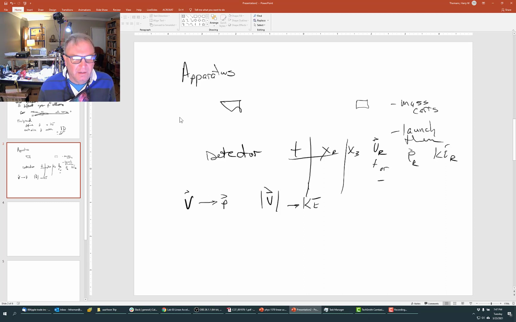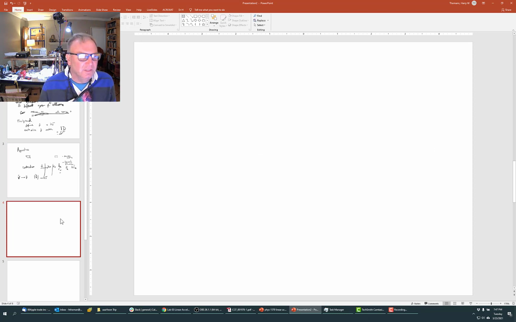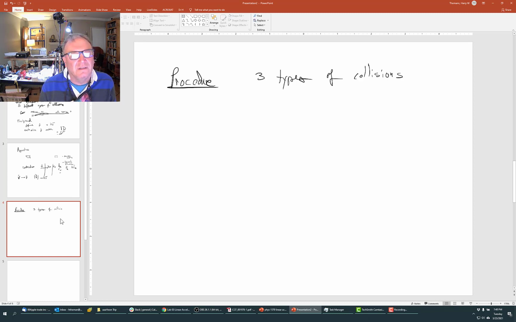And then, so once we did these, the procedure is that we had whatever 3 types of collisions, 3 different kinds, and we may do 3 more. And then let's think about this.